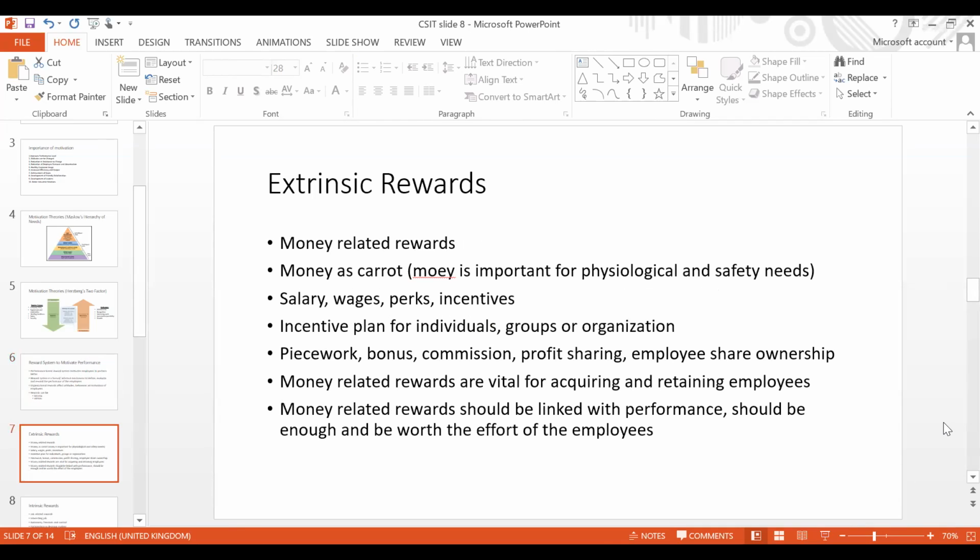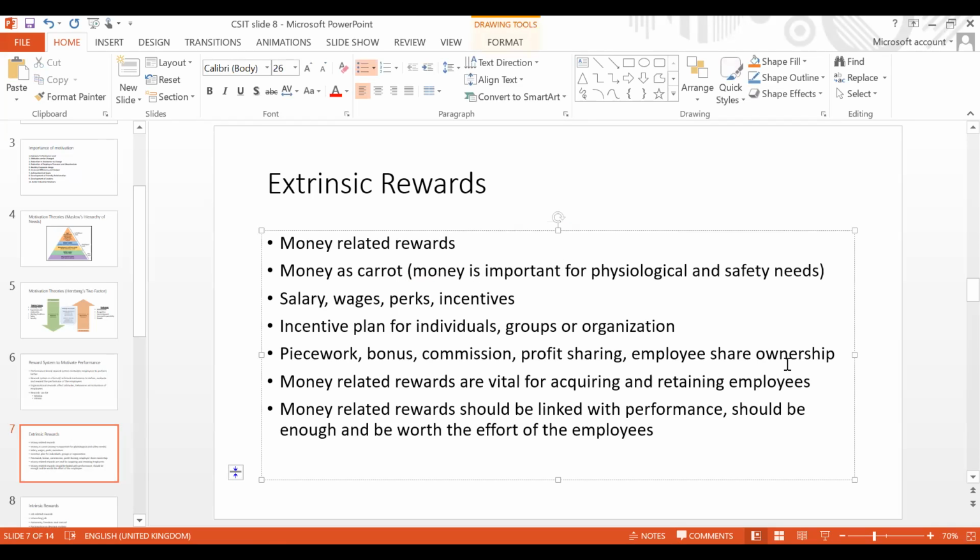Okay, extrinsic rewards, it's money related rewards. So when we are talking about rewards, if it is something that is related to money, then money as the motivating factor, or money as, we talked about X theory and Y theory.